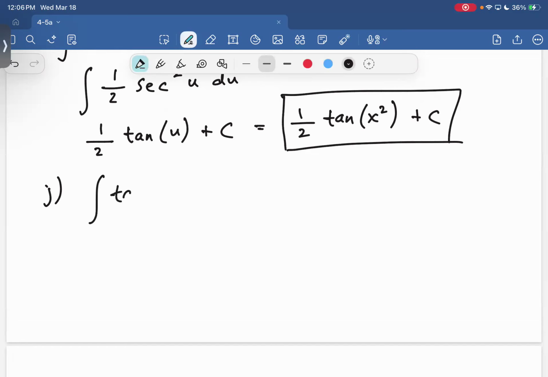So J is the integral of tangent x dx. Do we know anything that gives us a derivative of tangent? Yeah, secant squared. We do not know the integral of tangent. So we actually need to convert this to sine x over cosine x, as I've indicated on the paper.